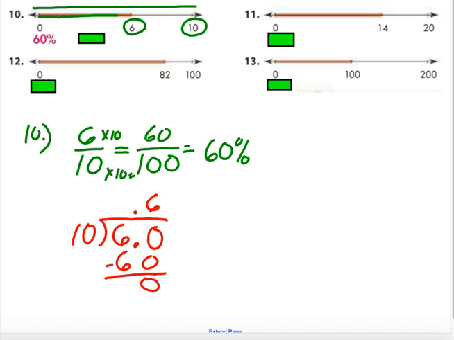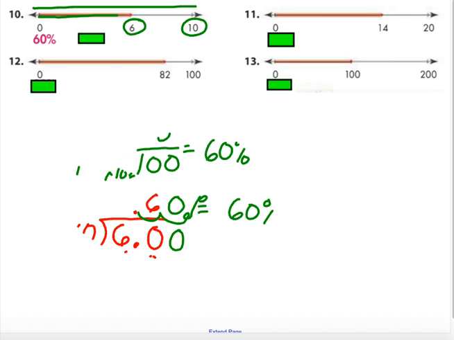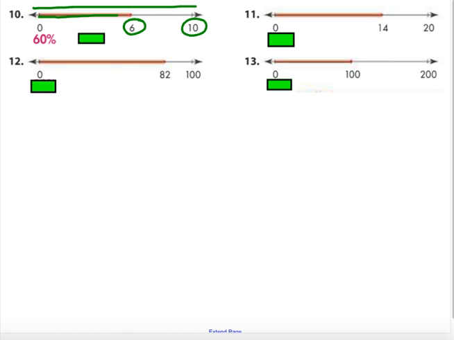Now remember, this has to be based on hundredths, okay? So you would then say I can have 60%, because you'll take your decimal point over, turn it into a percent symbol, and you have 60%. So if you did it algorithmically through division, that's what it would look like.